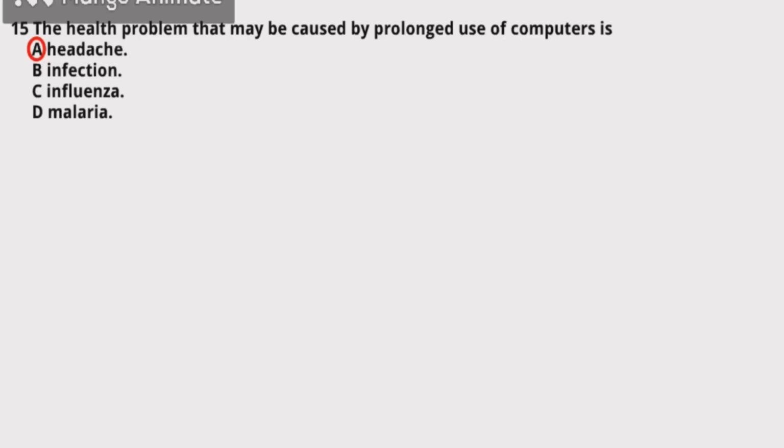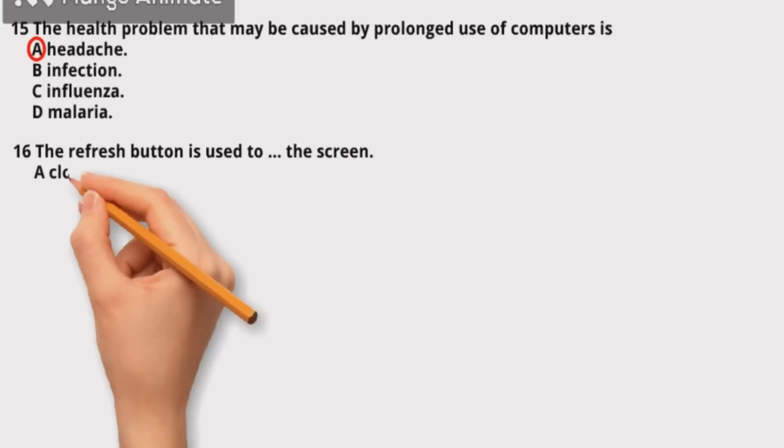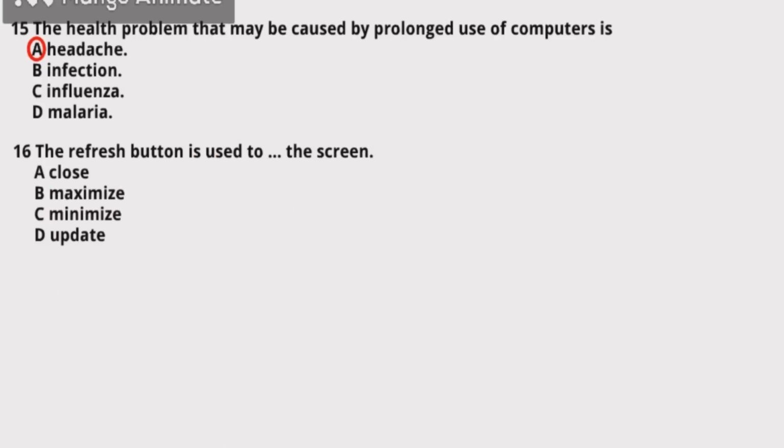Okay, we come to 16, which is the refresh button is used to dash the screen. A, close a screen, B, maximize the screen, C, minimize the screen, D, update the screen.